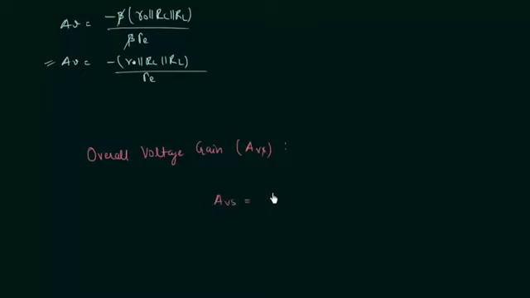AVs is equal to VO by Vs. AVs is equal to the voltage gain inside the bracket times the input impedance divided by input impedance plus the source resistance. So this is the expression of overall voltage gain, and if you don't know how we have obtained this result, then watch the H parameters lecture. In that lecture I have explained how to obtain the overall voltage gain.